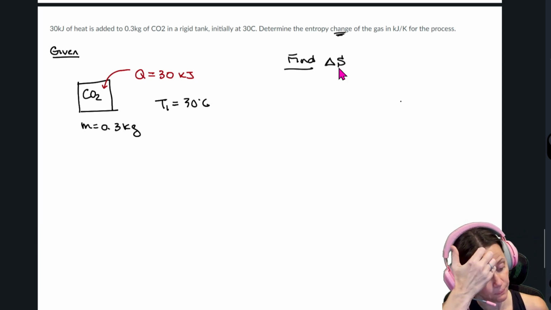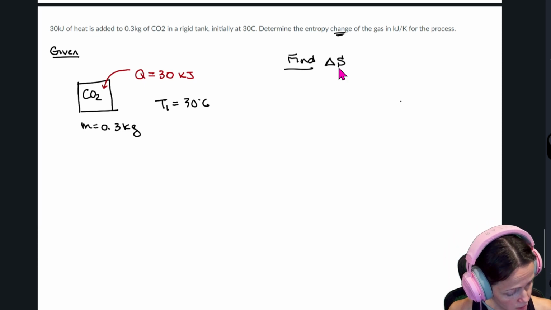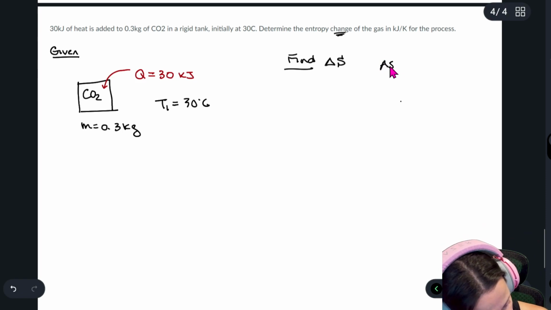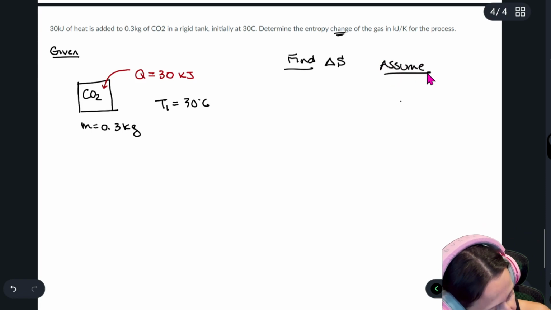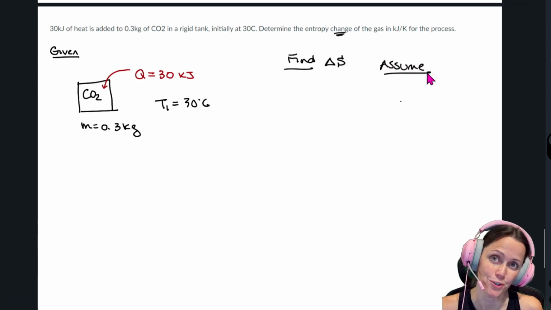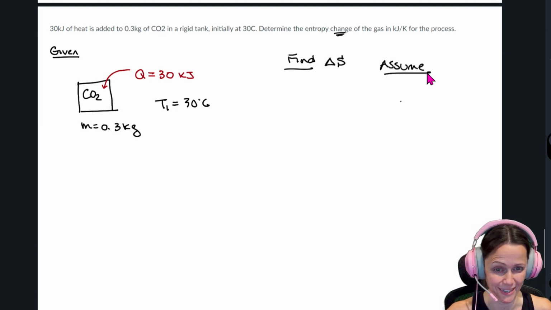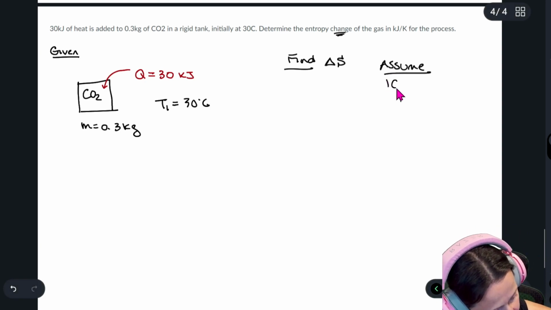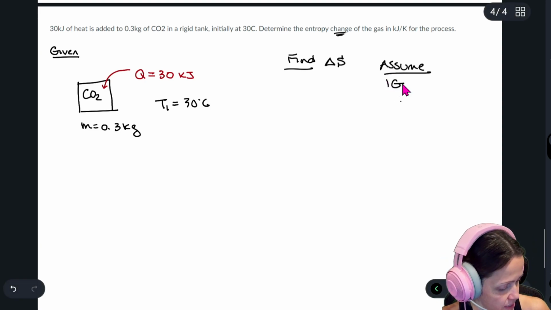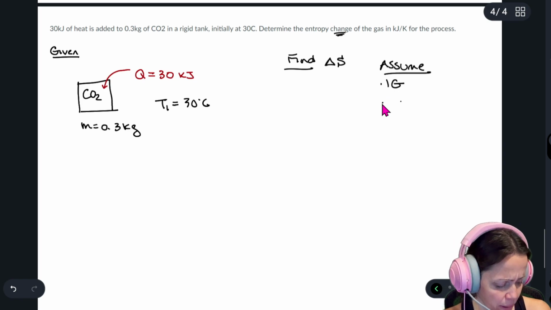Yeah, okay. There are some assumptions here, and there was one little piece of critical information missing from this problem statement. Number one, we're going to assume it's an ideal gas. I won't worry about proving that.